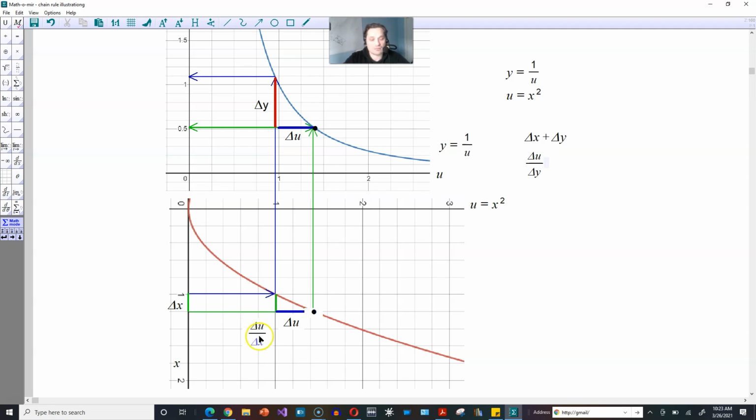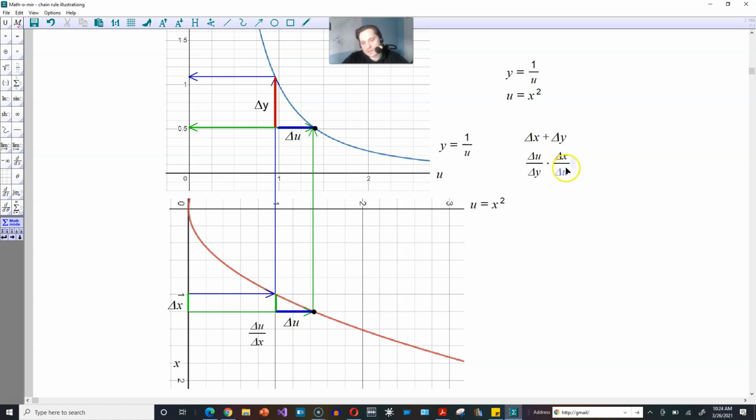On the bottom, just as easily, I could have said, I'm going to take delta x and divide by delta u. So if I do that, I would have the following. Imagine I take delta u, delta y from the previous picture up top, and I multiply not by delta u over delta x, but I multiply by delta x over delta u. The point is it's our world, so we are free to create whatever we want, as long as we make some sense of it.